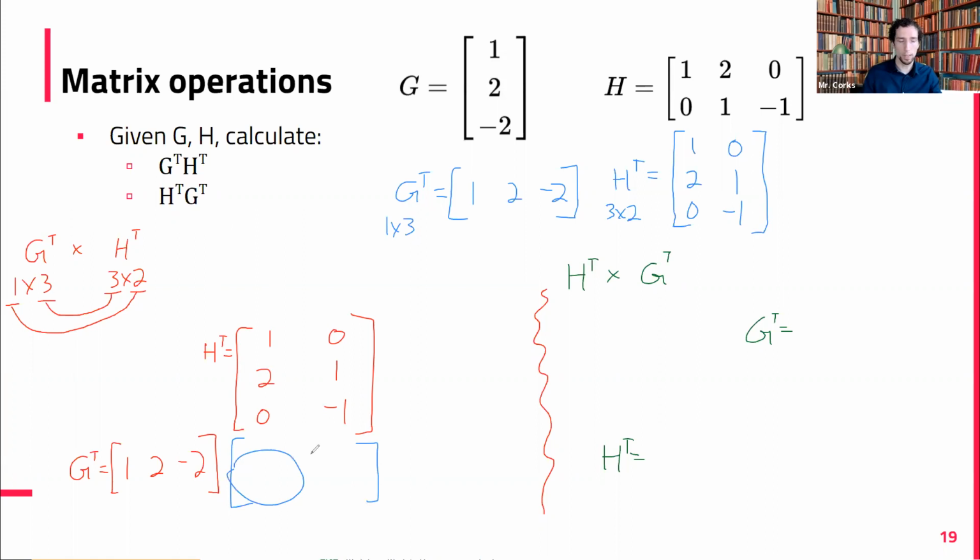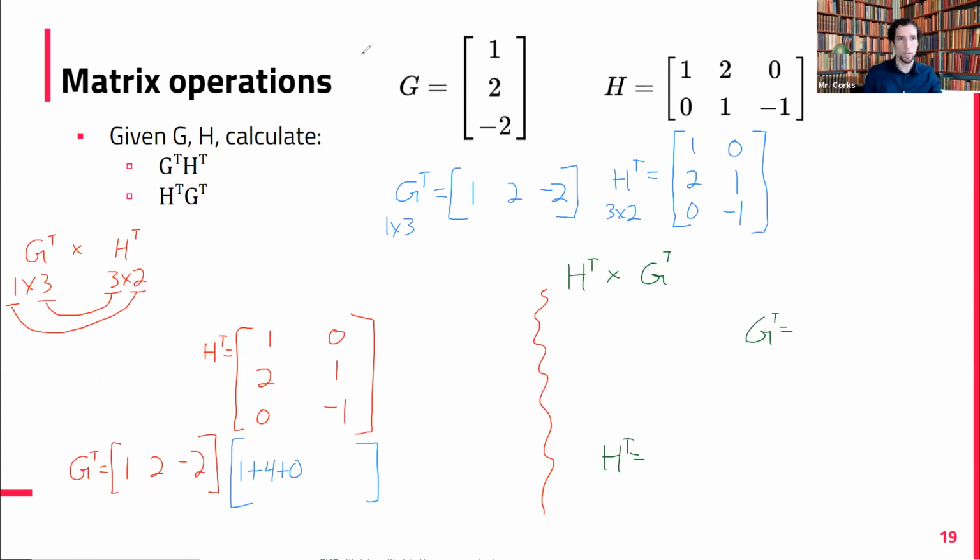First position, please tell me what this is. What plus what plus what? 1 plus 4 plus 0. I'm going to write out the 0 so people can see what's happening. So 1 times 1, 2 times 2, -2 times 0: 1, 4, 0.